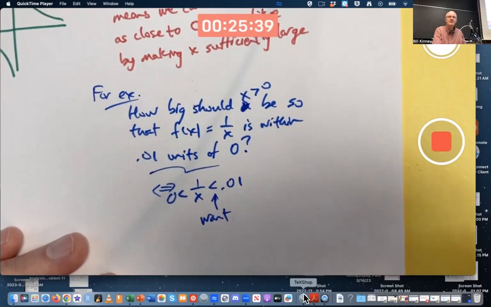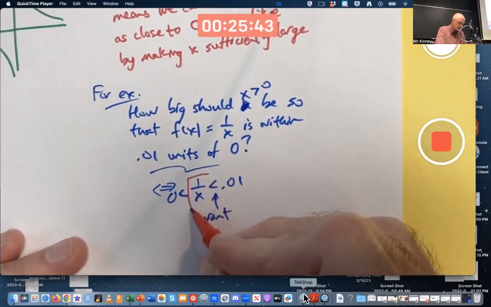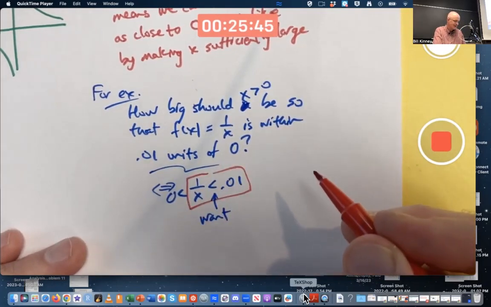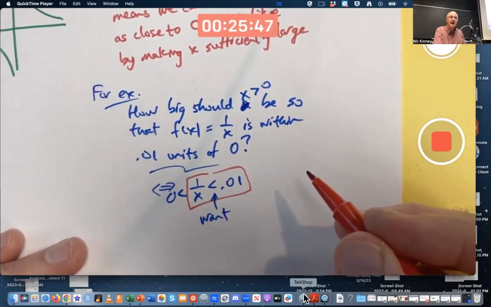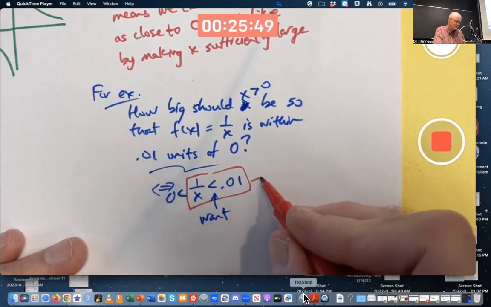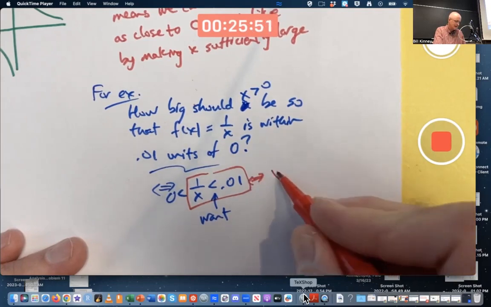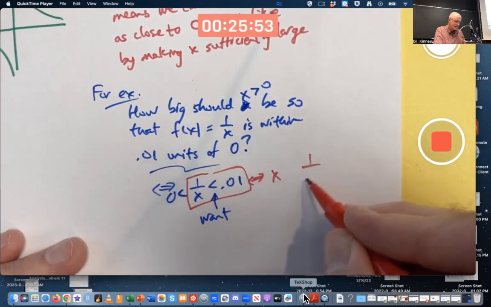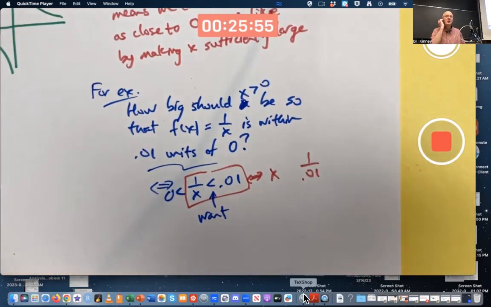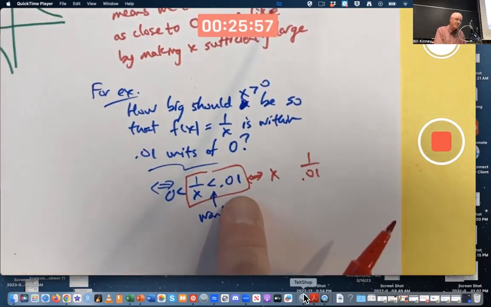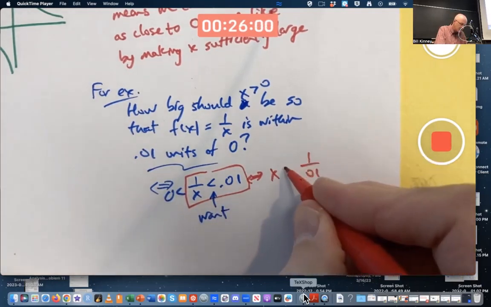How big should x be? Just solve this inequality for x. How? Take the reciprocal of both sides. And if you take the reciprocal of both sides of an inequality, the inequality changes direction.